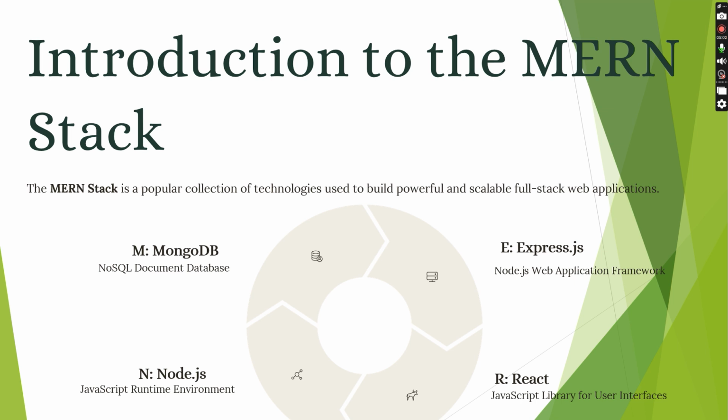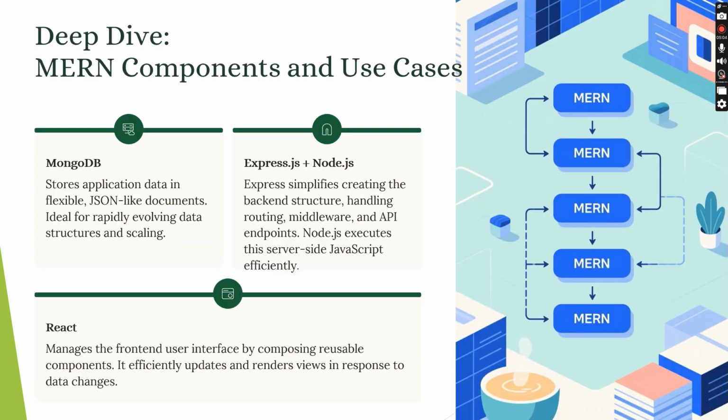Let's see what these things are. M, that is MongoDB. MongoDB stores application data in flexible JSON-like documents. It is ideal for rapidly evolving data structures and for scaling purposes. Then see what Express.js and Node.js are.